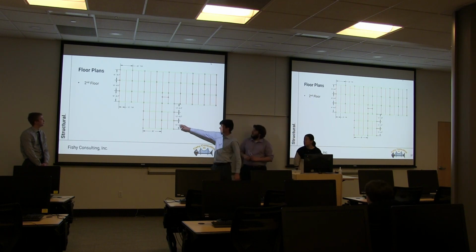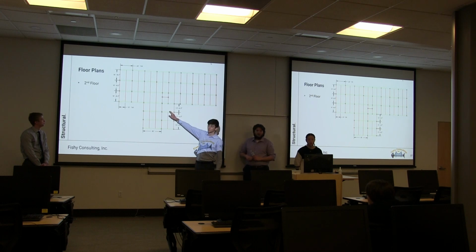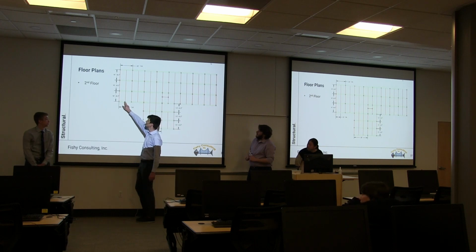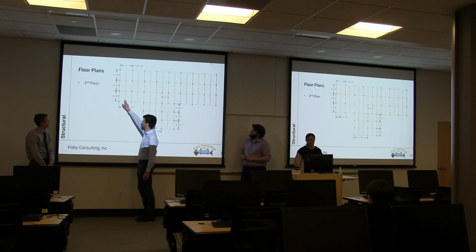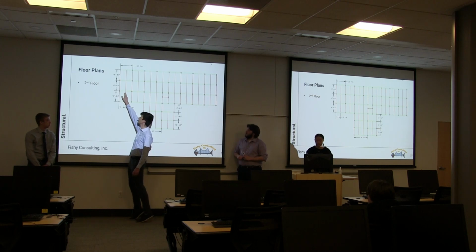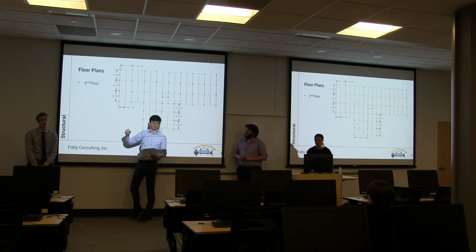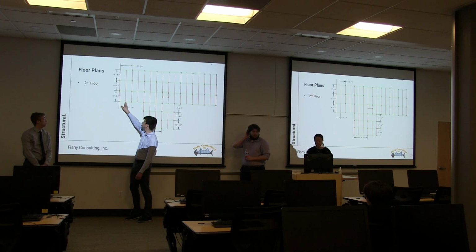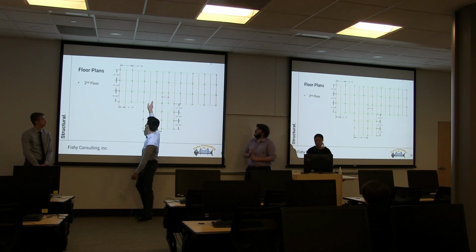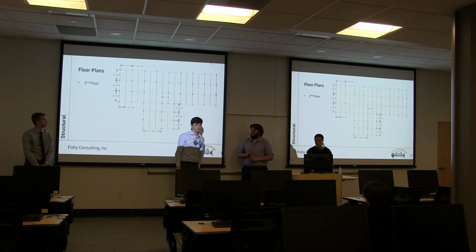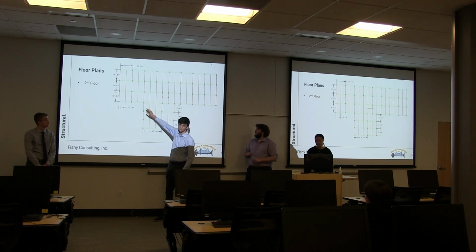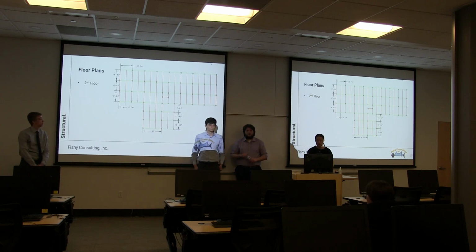The red lines are beams, and those are attached directly to the girders. The green ones are the girders, and every girder is in line with the column. We have 20-foot and 30-foot spans for the girders, and then the beams are spaced at 10 feet.